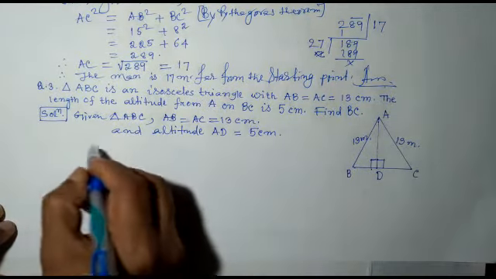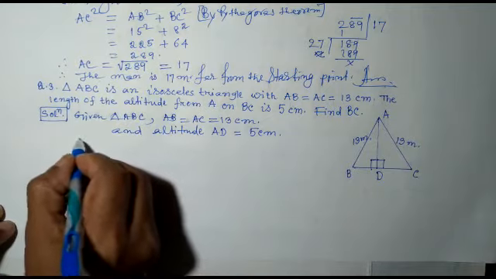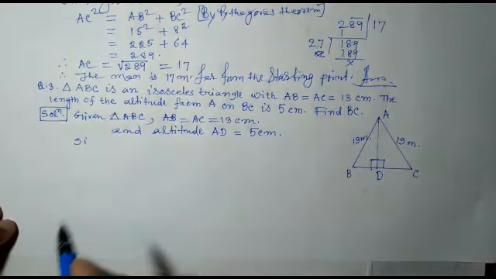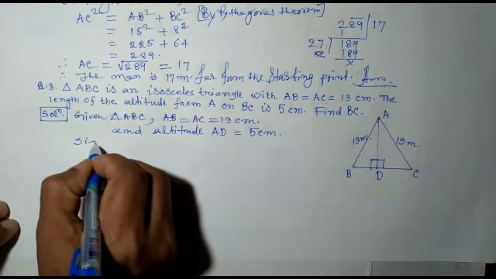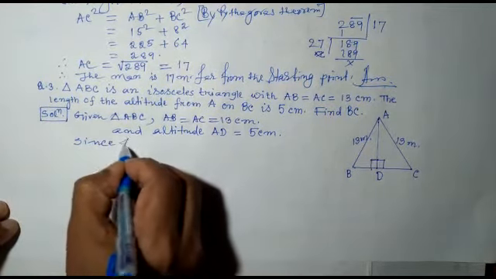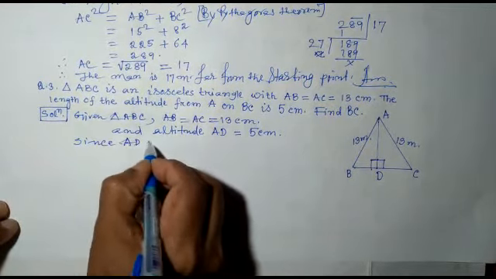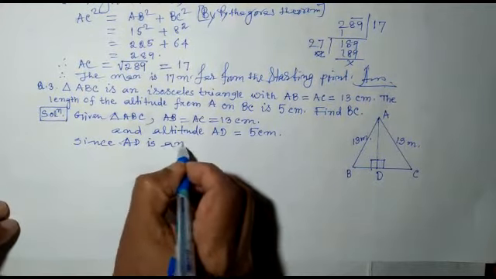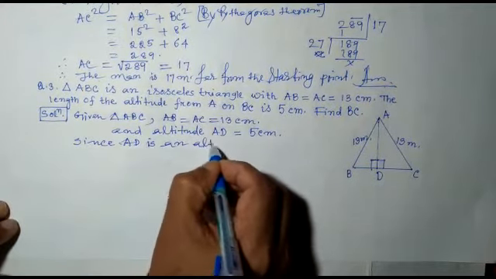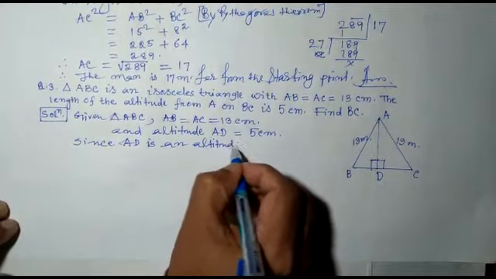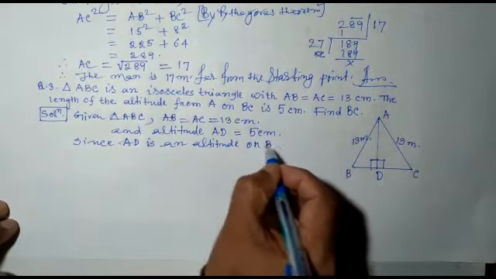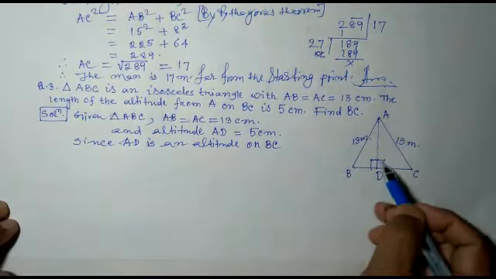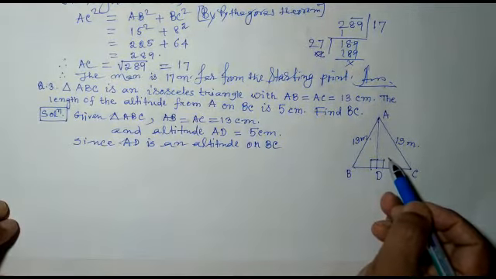So we can write, since AD is an altitude on BC, therefore both of these two triangles will be right triangles.